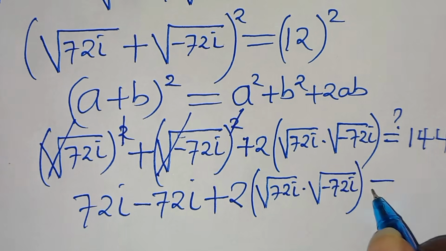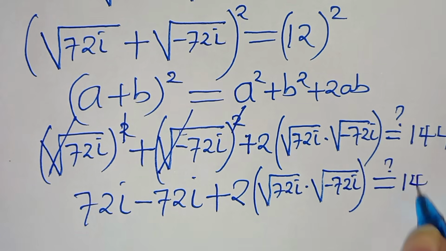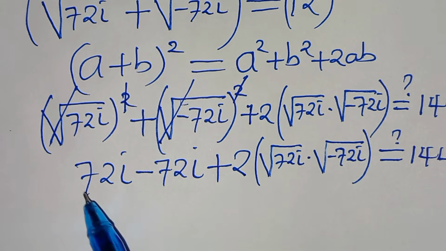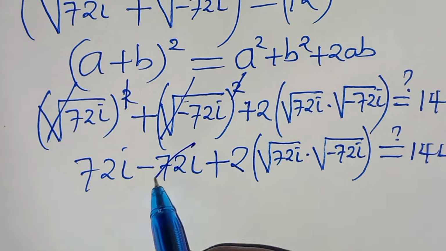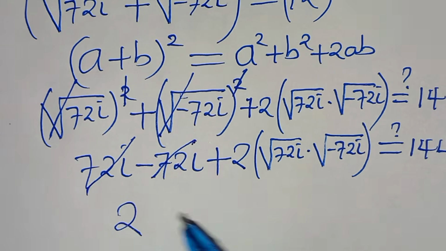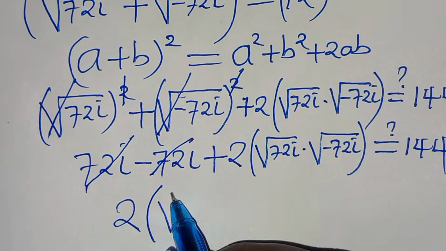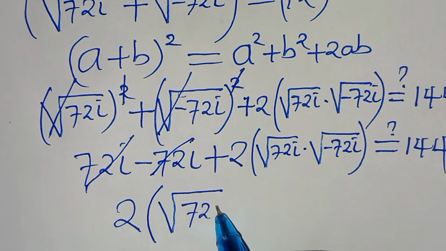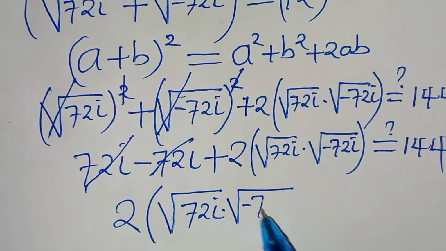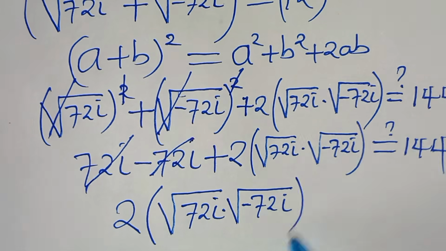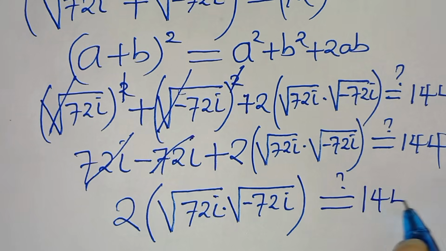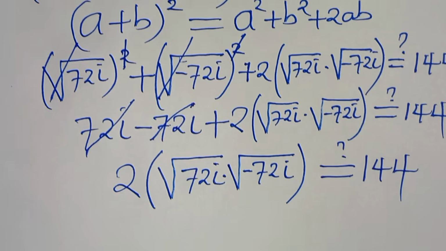This is supposed to give us a value of 144. So 72i minus 72i simplifies, so that now we have 2 times the square root of 72i multiplied by the square root of minus 72i. This should give us a value of 144.